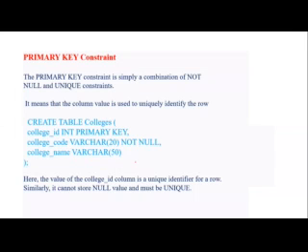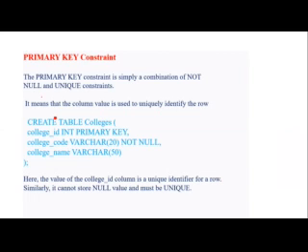Then the primary key constraint. This is simply a combination of not null and unique. Remember primary key, as this is an important video. When you go for any certificate course, these are mandatory for you, not only GATE, anything, UGC, anything. It means the column value is used to uniquely identify a row.